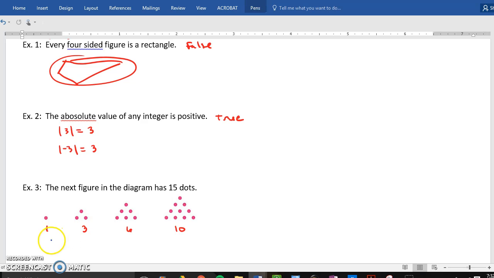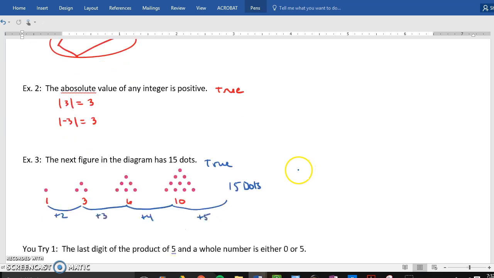Well, if we come up with the pattern here, you're not multiplying by the same number, so what's happening here is you're adding 2. How many did you go up here? 3. How many did you go up here? 4. So I notice I'm going up 1 more each time. So the next one I know I'm going to go up 5, which would give me 15 dots. So this conjecture would also be true.